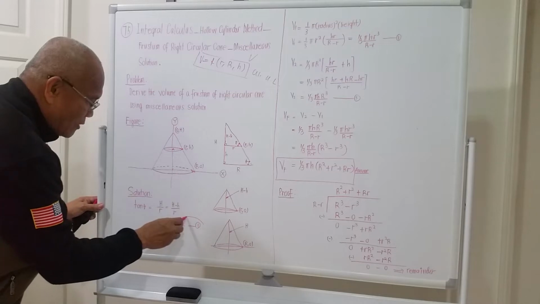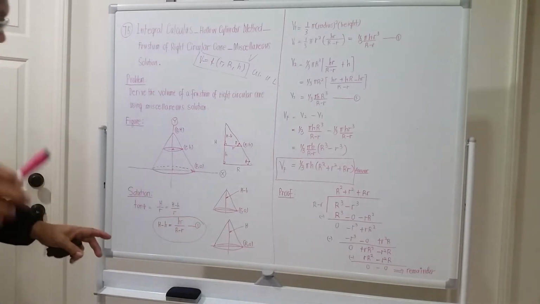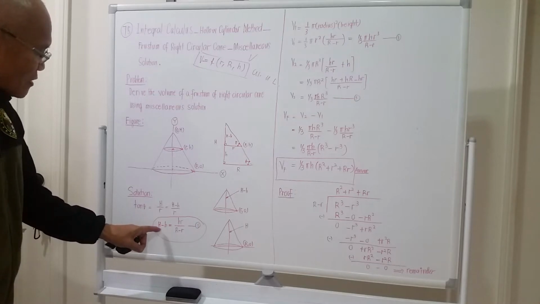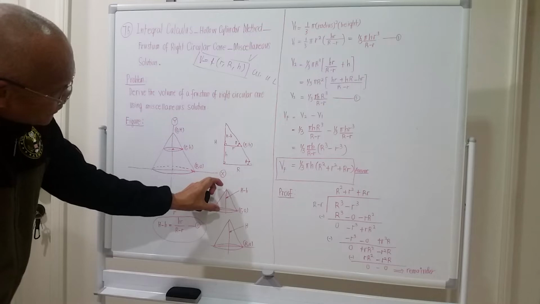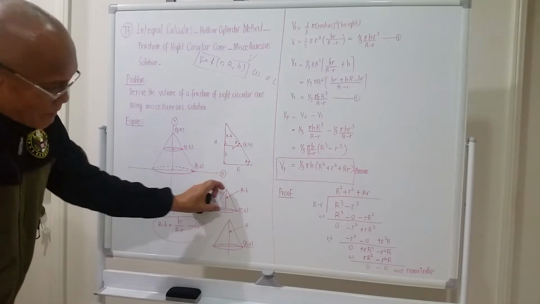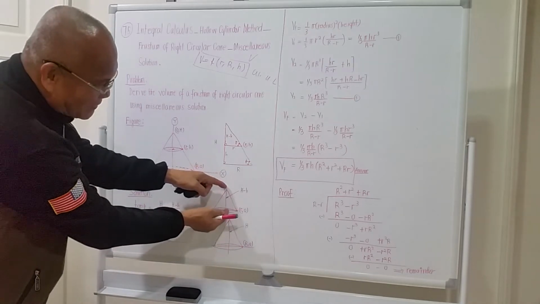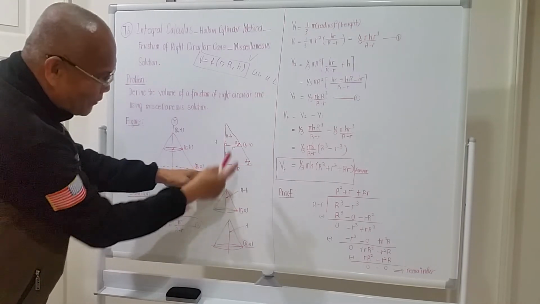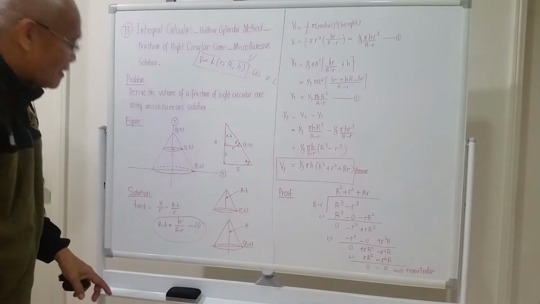Why did I compute for capital letter H minus small letter h? Because I want to compute for this height here, because in the computation of the volume of this one, I need this height. And from our figure, it should be capital letter H minus small letter h.